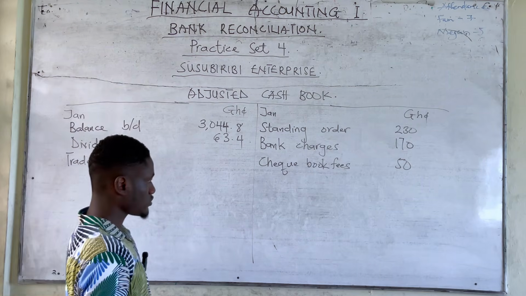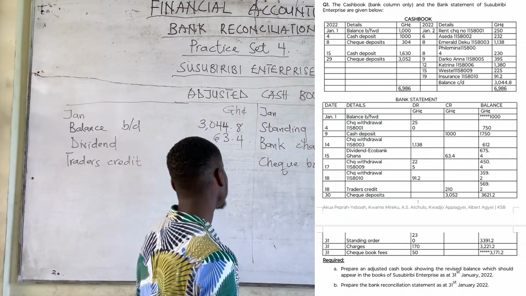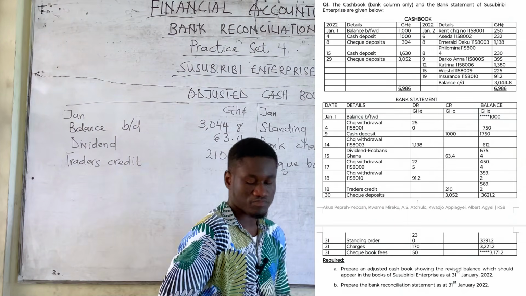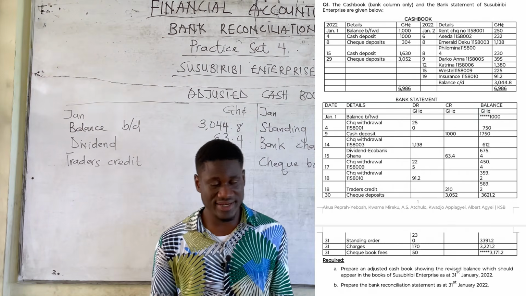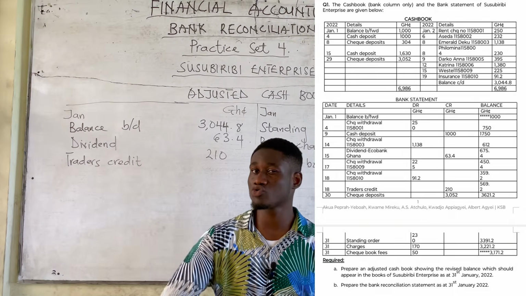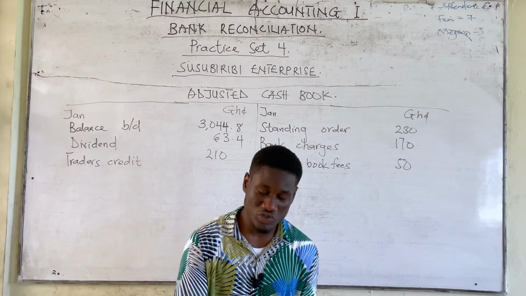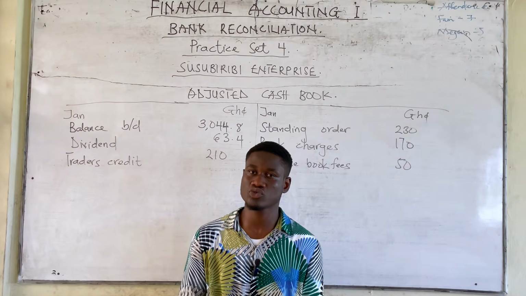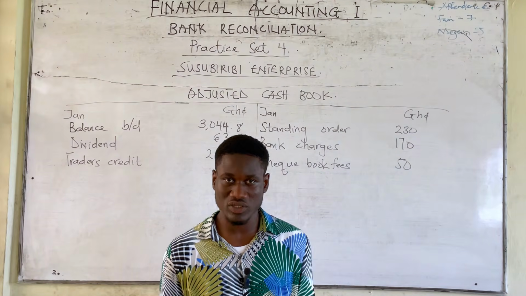Good. So with this trade credit, it was 210. It was not recorded in our cash book. We were supposed to debit in our cash book because it was credited by the bank. It increased our balance, which we are supposed to debit in the cash book but was not debited.